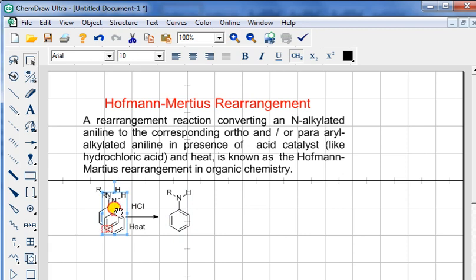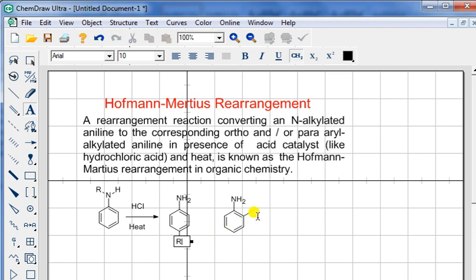We know that the alkyl group is a larger group than hydrogen, so it will migrate to the para position predominantly. So para and ortho: para will be the major product, and ortho will be the minor product. Here is the R group.